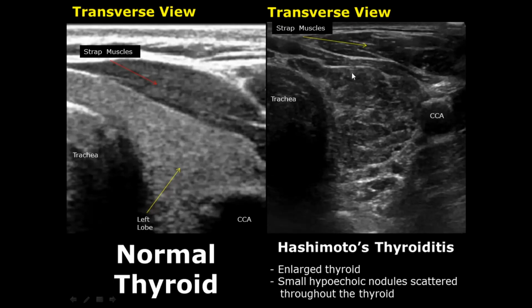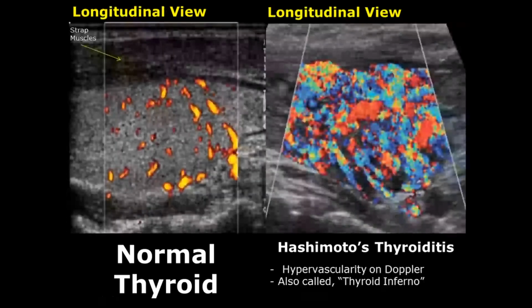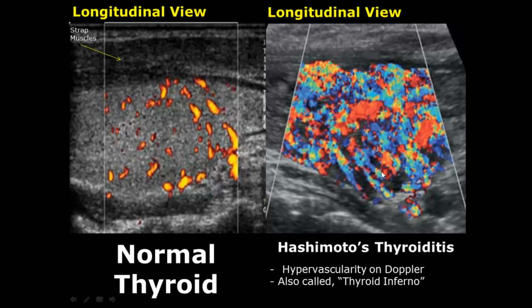Proper diagnosis is made clinically and serologically, along with ultrasound appearances, because these appearances overlap with other diseases as well, so we need proper clinical correlation. On color Doppler, Hashimoto's thyroiditis gives hypervascularity. This type of appearance is called thyroid inferno.